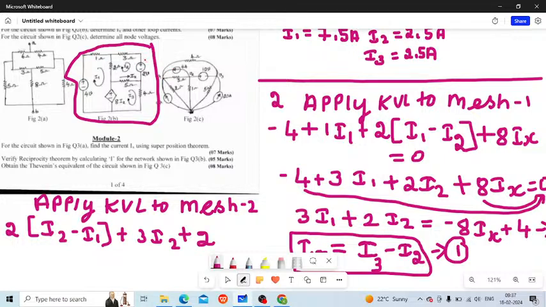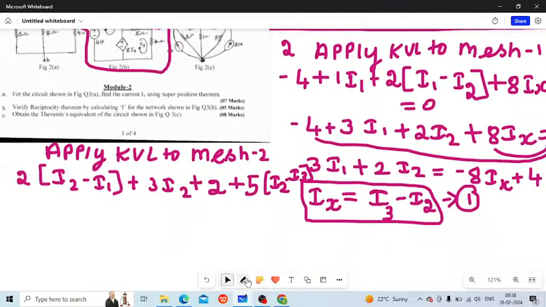Students, this is positive to negative, and this is plus 5 into I2 minus I3. Don't take that Ix because the Ix equation is already written. Plus 5 into I2 minus I3, which is equal to 0.